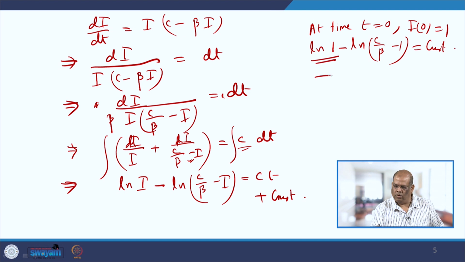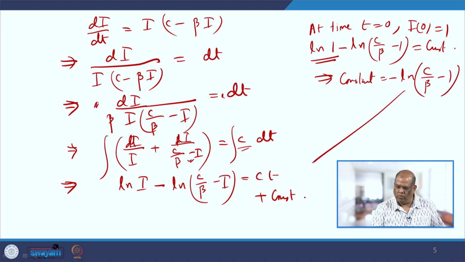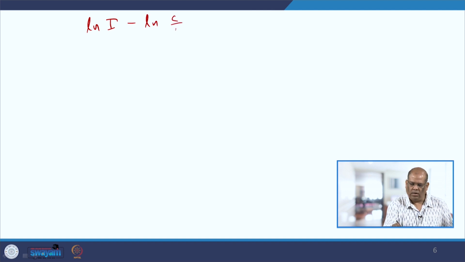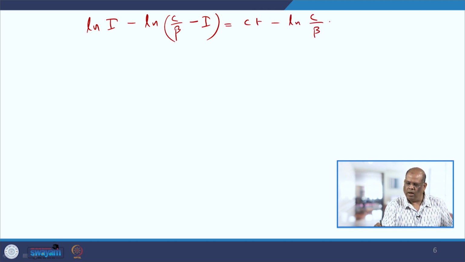Ln 1 is 0, so my constant value is minus ln (C by beta minus 1), which will be substituted here. And if you do that, you will get ln I minus ln (C by beta minus I) equal to Ct minus ln (C by beta minus 1).